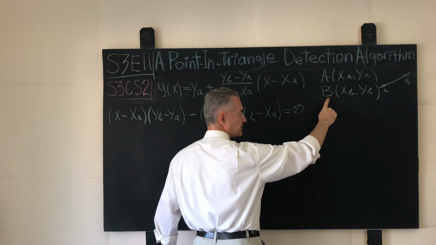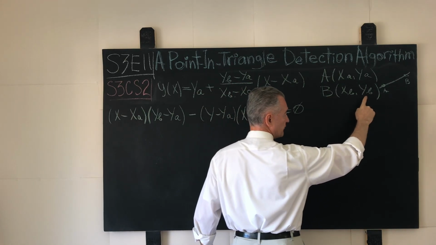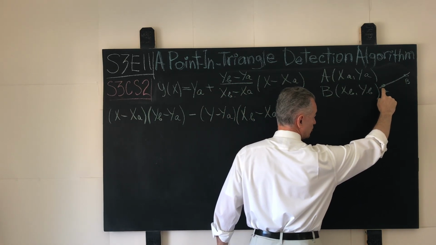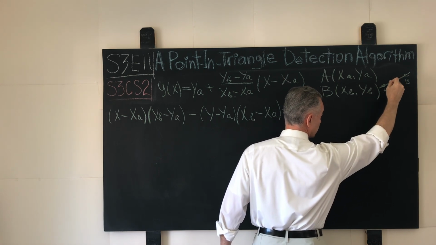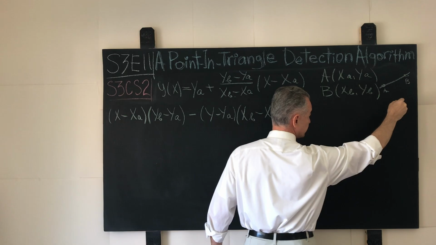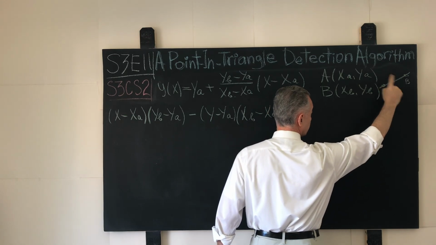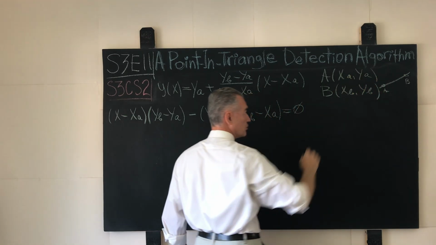The point B has the coordinates xb, yb. The 2 points are distinct, and through these 2 points we construct a straight line in the chosen coordinate system where the points A and B have the shown coordinates.